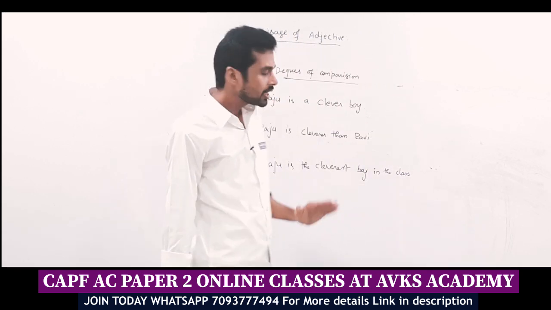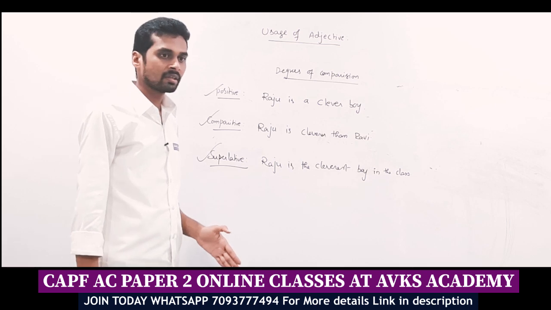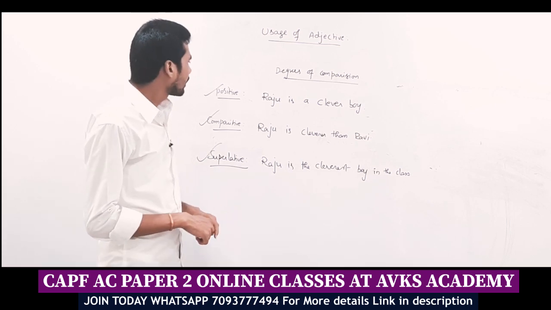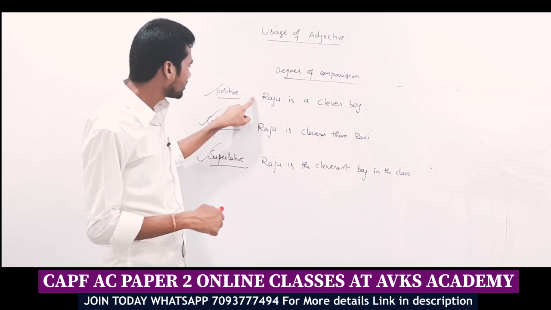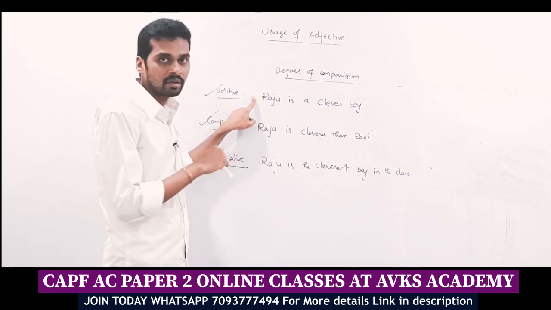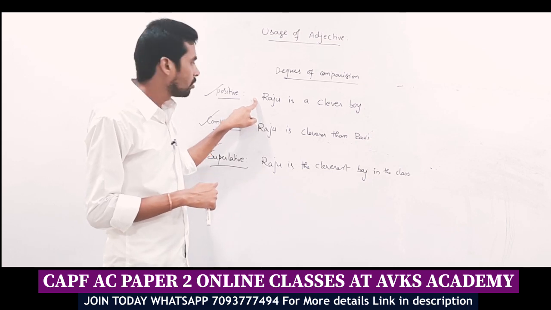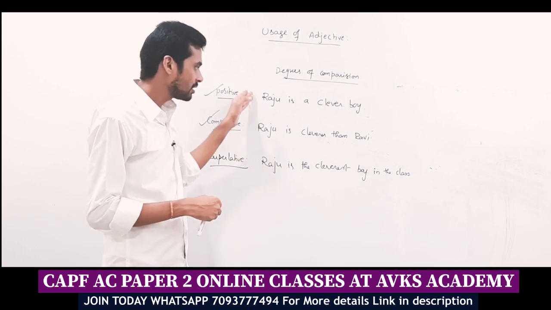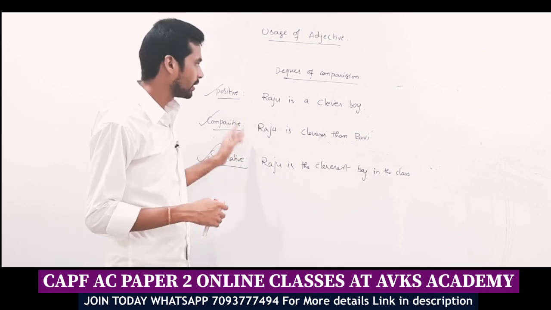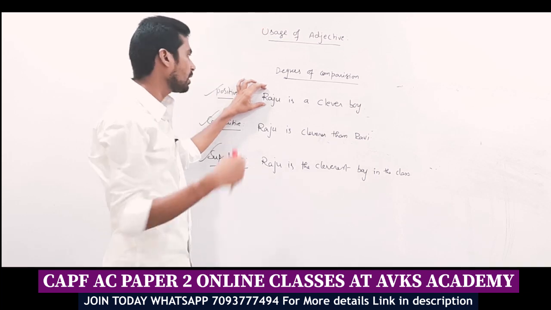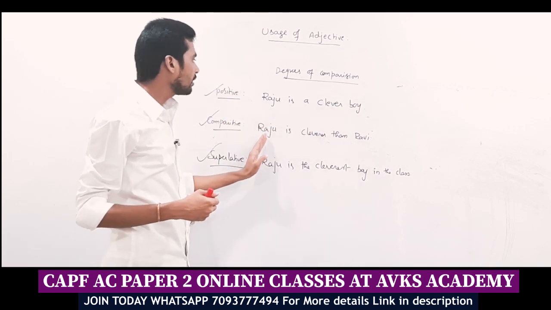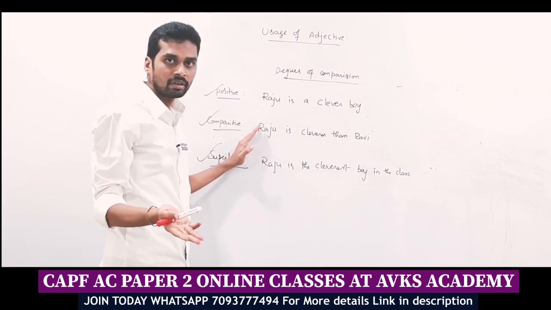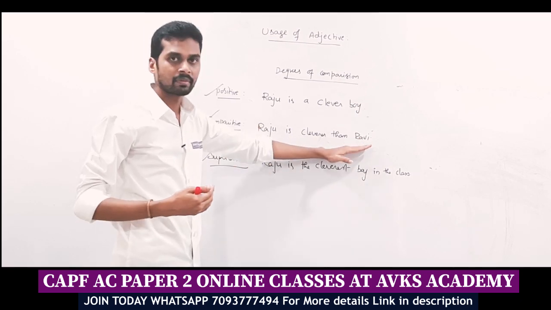What actually happens in degrees of comparison is that we are not changing the meaning of any sentence. Is there any sentence where I change the meaning? No, you don't see such a thing here. Here I'm talking about Raju being a clever boy. Raju is cleverer than Ravi means I'm telling you that Raju is a clever boy, but I'm comparing him with Ravi.